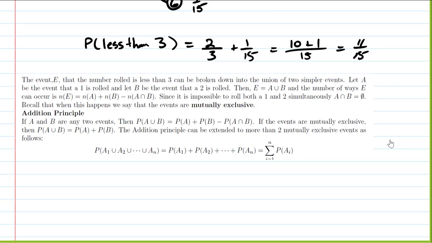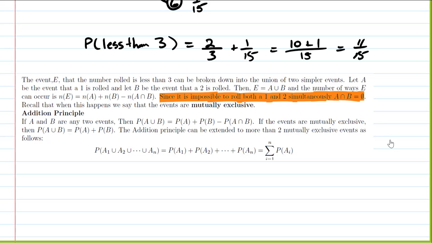The key thing that we're going to have here is, since it's impossible to roll both a 1 and a 2 simultaneously. If you roll a die, you get a 1 or you get a 2. You can't roll a 1 and a 2 at the same time on one die. It's not possible, right? So that would tell us then that A intersect B is empty.